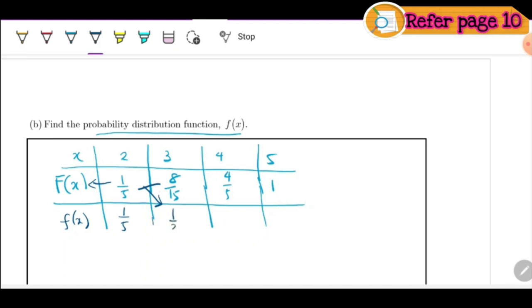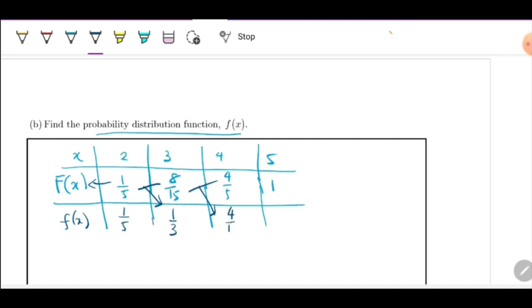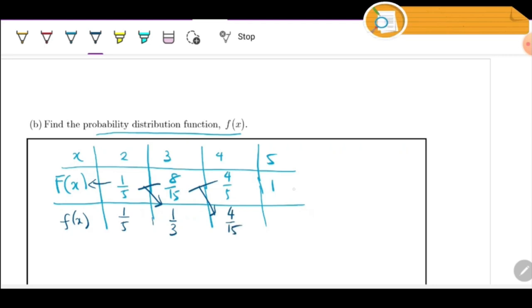Then we get 1 over 3. To get the probability when x equals to 4, we use F4 minus F3, which is 4 over 5 minus 8 over 15. Then we get 4 over 15. When x equals to 5, we use F5 minus F4, which is 1 minus 4 over 5. Then we get 1 over 5.